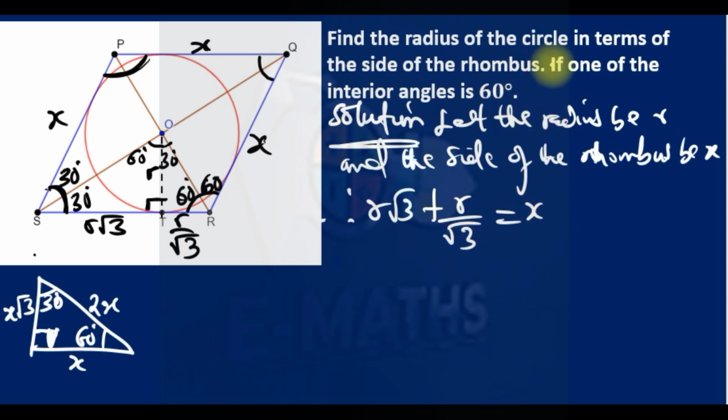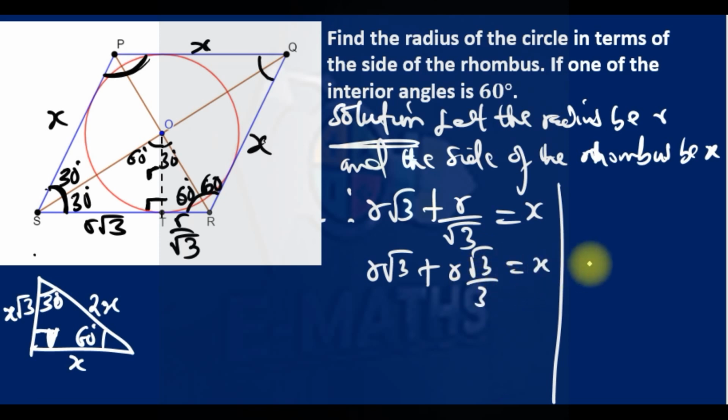So we are solving for r. They say we should find r in terms of x. So we can rationalize r over root 3 as r root 3 over 3, multiplying by the conjugate, which is root 3.